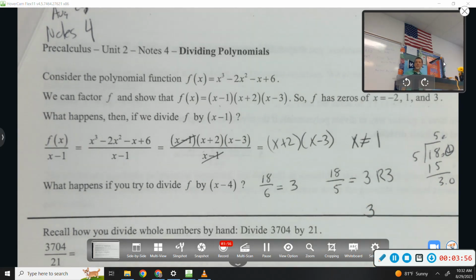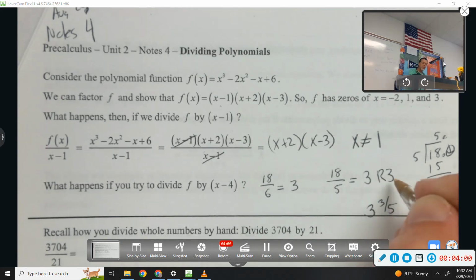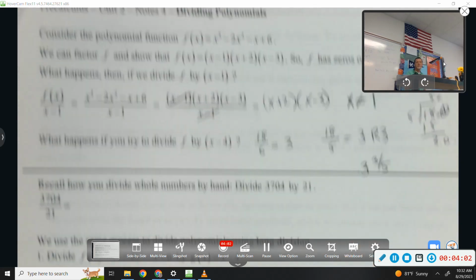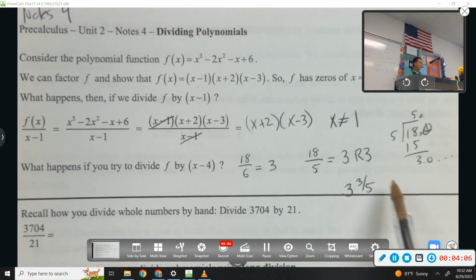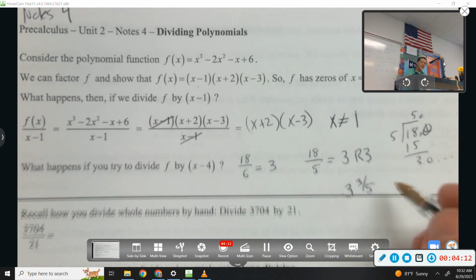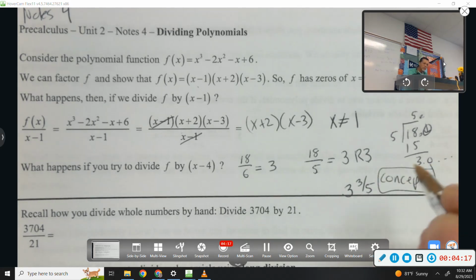With a fraction? 3 and 3/5. So remainder over divisor. Now, hope you've enjoyed your trip through 5th grade math, or 6th grade, or 4th grade, or whenever that was. The process is going to be kind of the same today, or at least this reminds us of the concept.